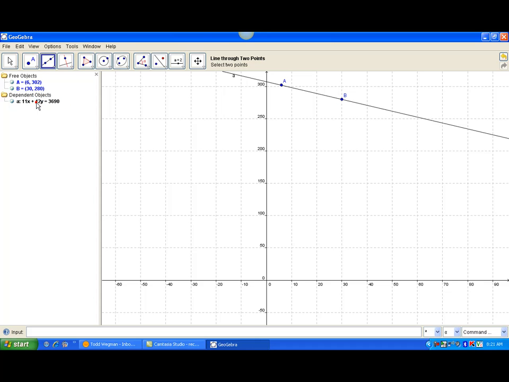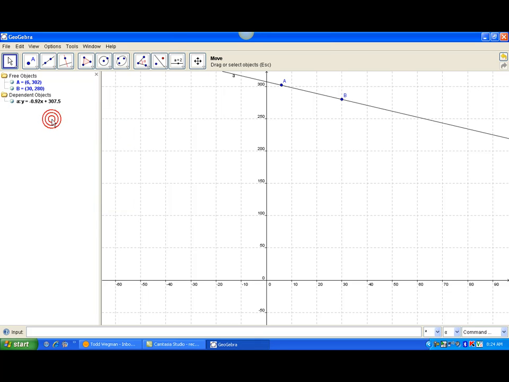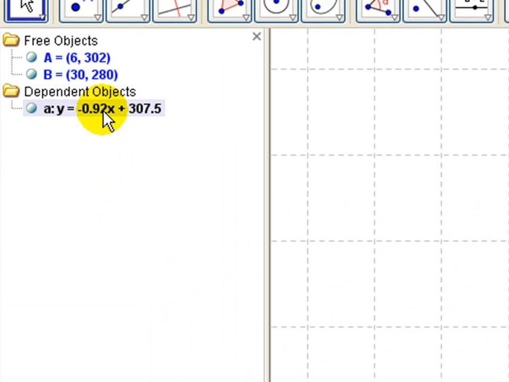Now this is in standard form. If I right-click this equation, I can actually switch to slope-intercept form. Okay, so this is my equation of a line. Now notice, after we have the equation of the line, we want to be able to tell the outcome given an input of 80.